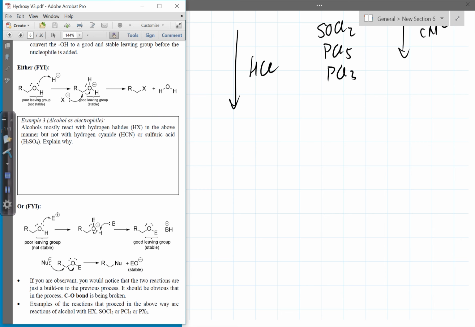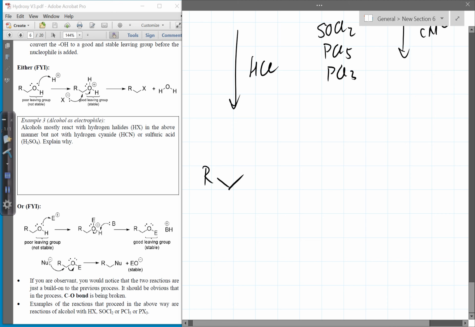Now let's look at this example. Alcohols mostly react with hydrogen halides in the above manner, but not with hydrogen cyanide or sulfuric acid. Why don't we add HCN? This one gets protonated and then CN minus comes in to attack and we get this.